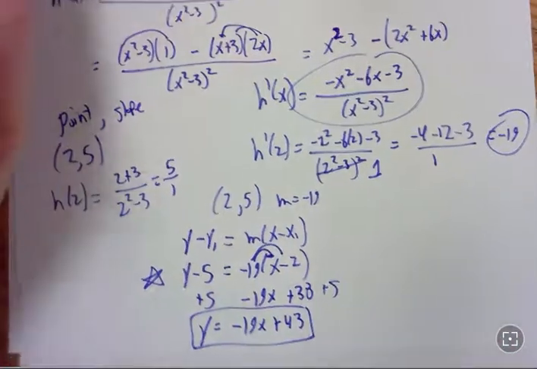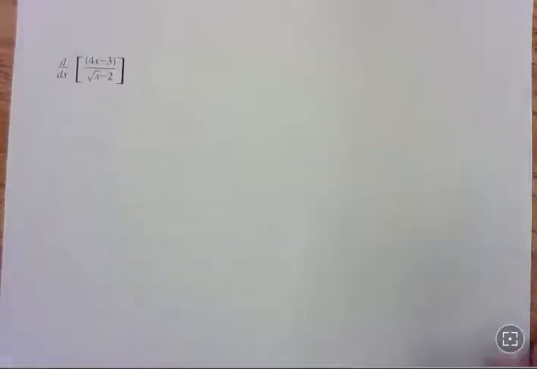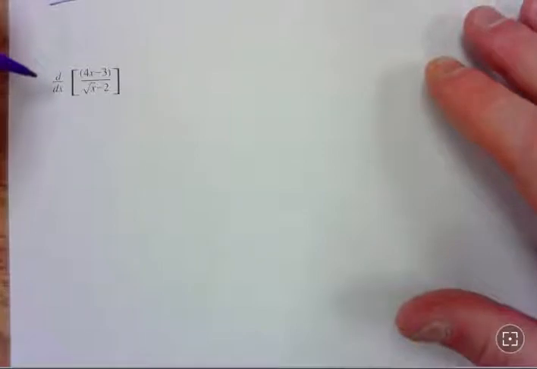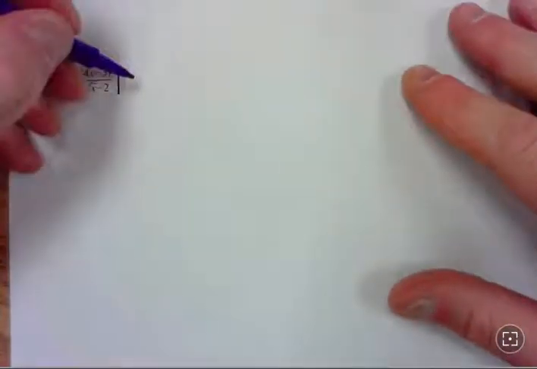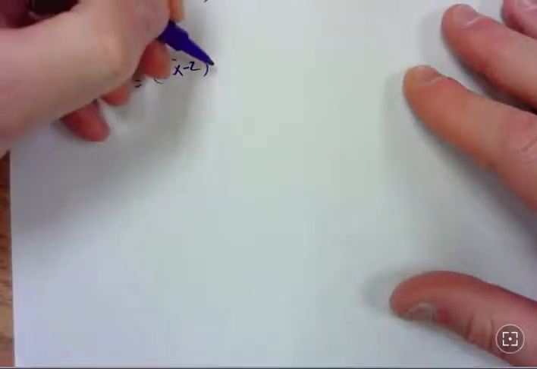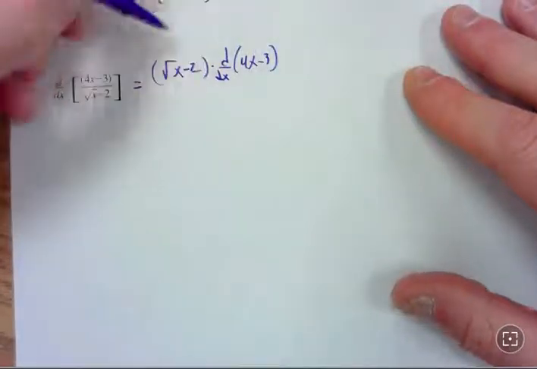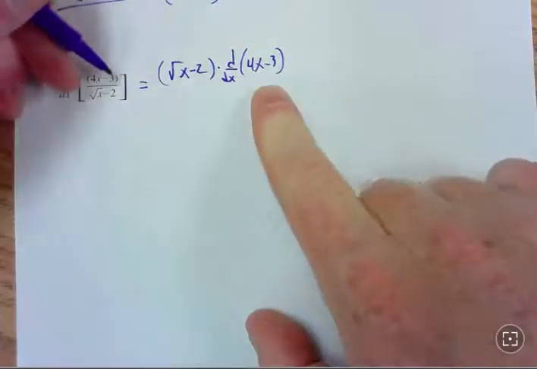Okay, let's do another example. Let's take this function here. So we have, find the derivative of 4x minus 3 over the square root of x minus 2. Okay, well that's going to be bottom times, I'm going to write out, you don't have to do this eventually, you'll just put times 4 because you'll do this derivative in your head, but I'm going to go ahead and write it out.